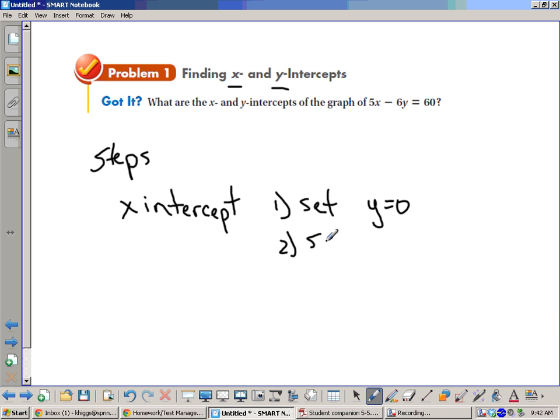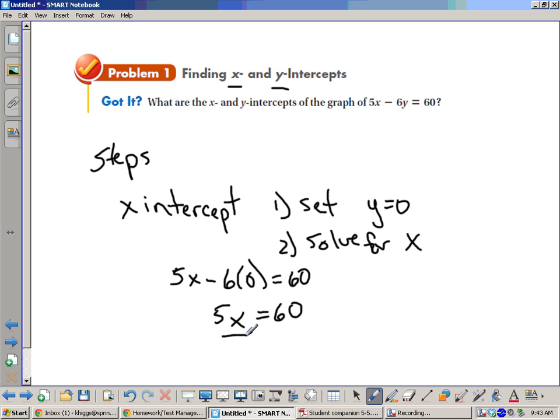And the second step is solve for x. So let's do that. We're going to say 5x minus 6y equals 60. We're going to make y 0 and solve for x. This just becomes 0. So we end up with 5x equals 60. We divide by 5, and we get x equals, so 5 goes in there 12 times. So the x-intercept is 12.